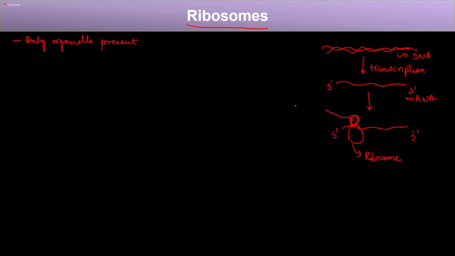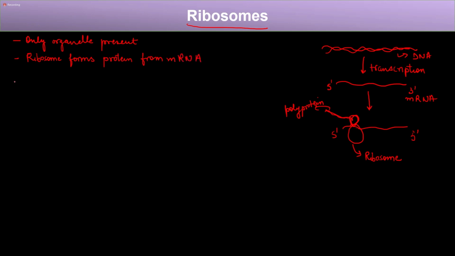Then it starts making a thread-like structure like this, and this is called a protein or polyprotein. So the ribosome forms protein from mRNA.